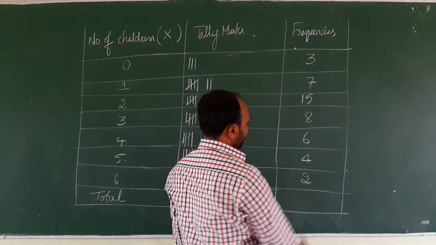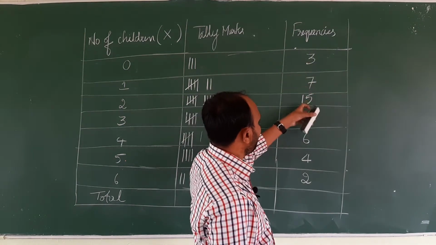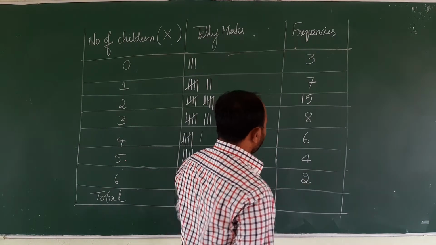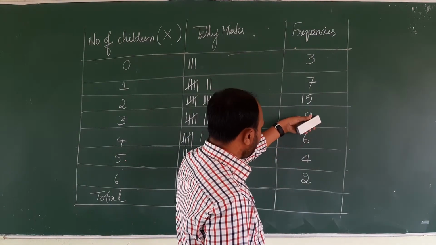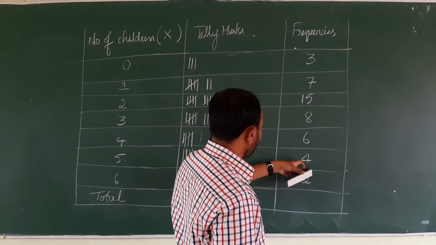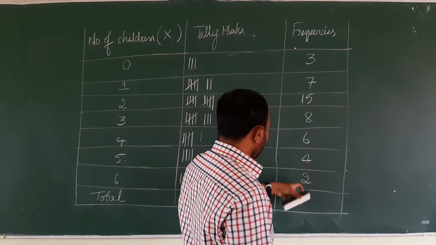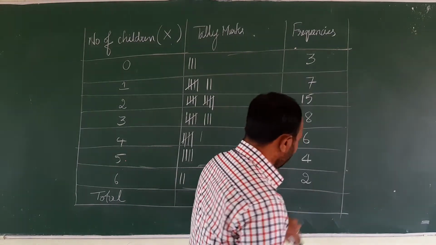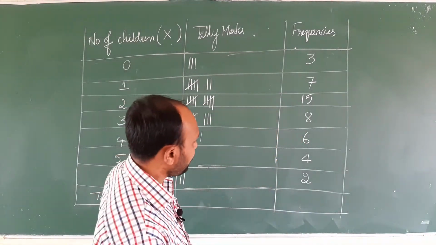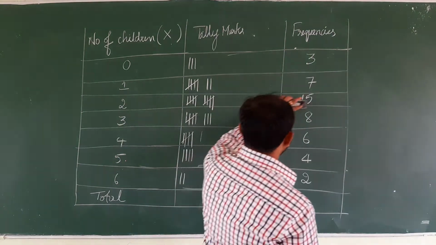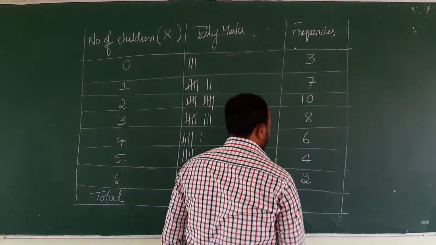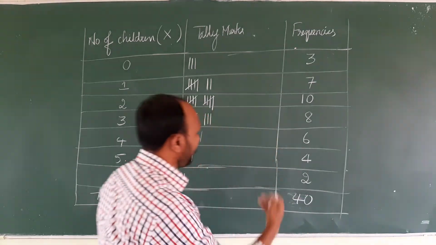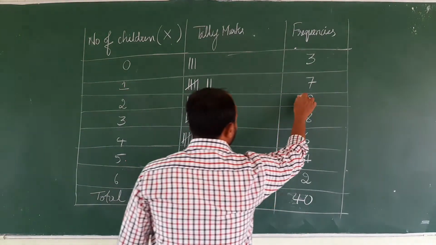So the total frequency is 3 plus 7, 10, 10 plus 15 is 25, 25 plus 8 is 33, 33 plus 6 is 39, 39 plus 4 is 43, 43 plus 2 is 45. Sorry, I have made a mistake here. We have visited only 40 families, so there is no chance of 45. The correct total is 40.